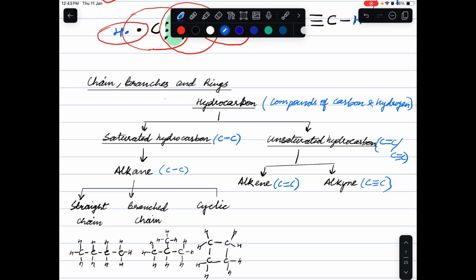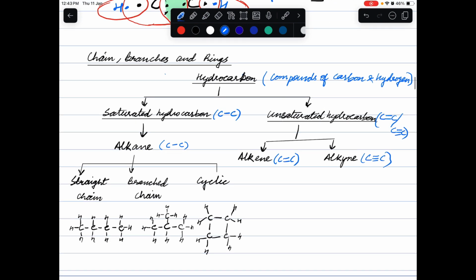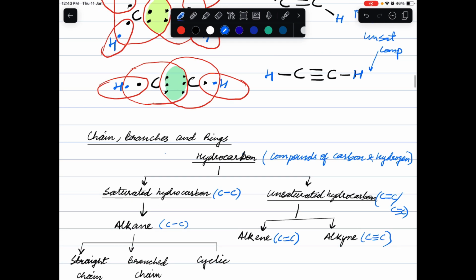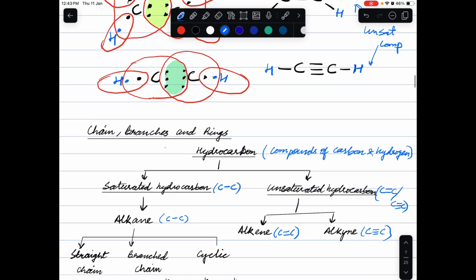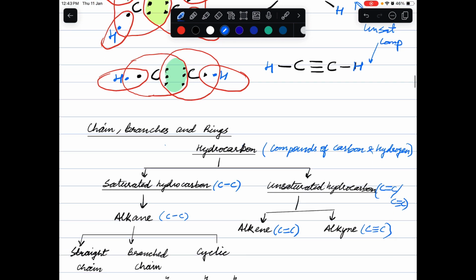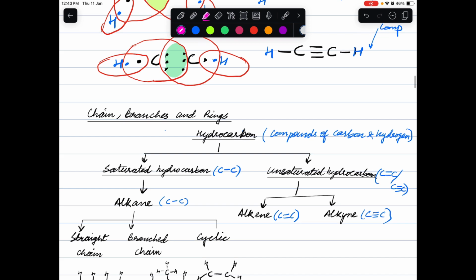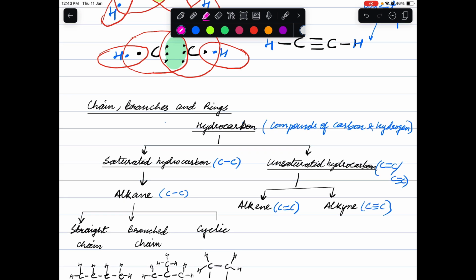Now we can classify carbon compounds on the basis of the type of bond, as we did earlier, saturated and unsaturated, but we can also do it on the basis of the arrangement of carbon atoms, so that we can get a chain or a branch or a ring of carbon atoms. So for this classification, on the top I have written here hydrocarbon.